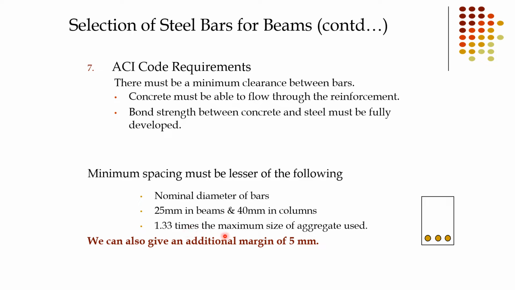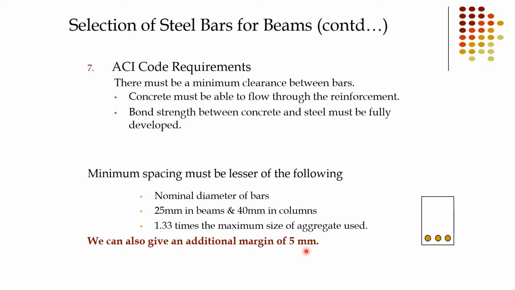Third, 1.33 times the maximum size of aggregate used. For example, if your aggregate size is 20 millimeter, then the spacing will be 26 millimeter. You multiply the 20 millimeter aggregate size by 1.33 and get 26 millimeter. Now the minimum of the 3 will be the spacing. You can also give an additional margin of 5 millimeter.